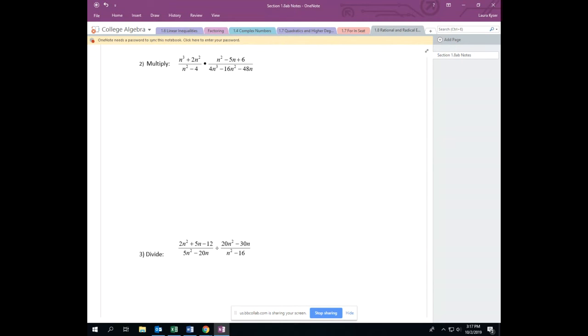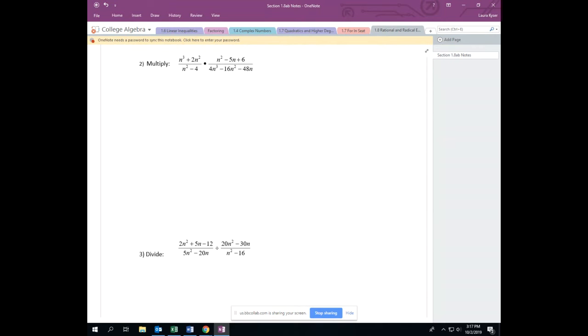Now, I want to remind you of the rules about multiplying regular fractions because it's helpful when dealing with these rational expressions. When you're multiplying regular fractions, you're allowed to cancel before you actually do any multiplication.